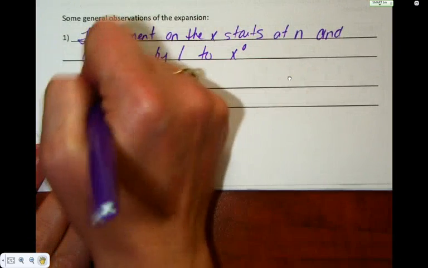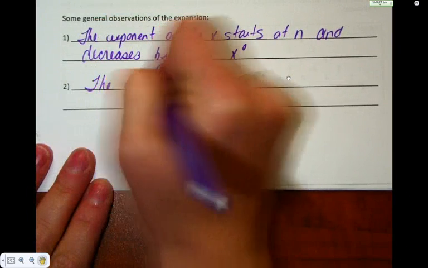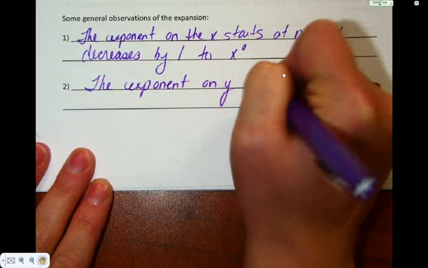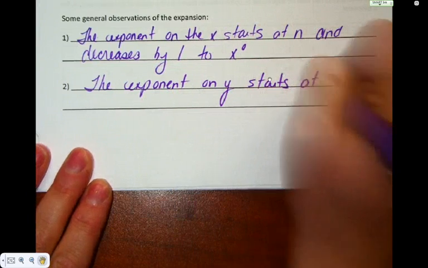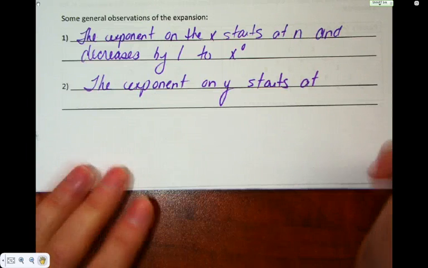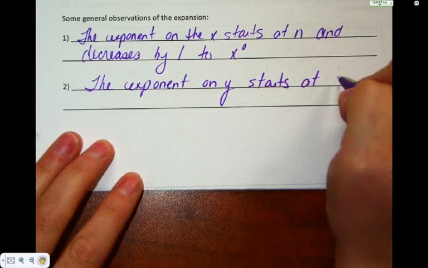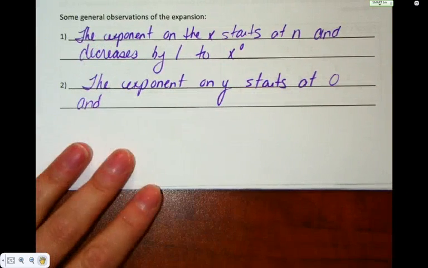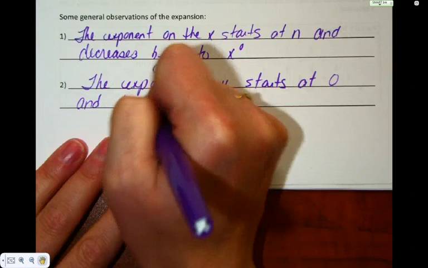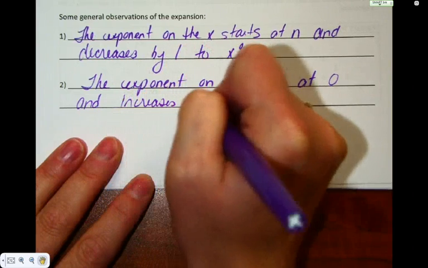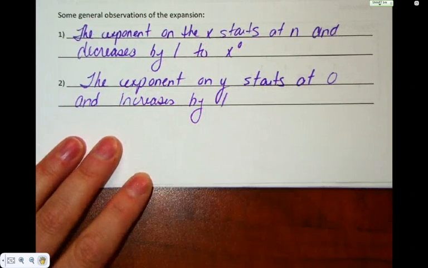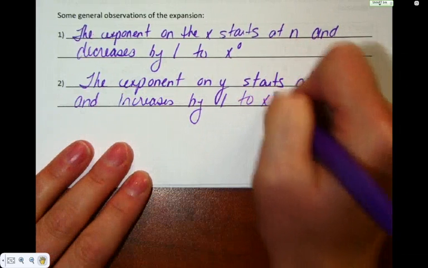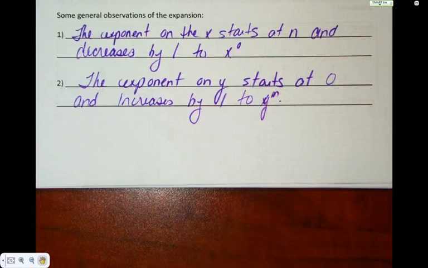So the exponent on y starts at 0 and increases by 1 to y to the n.